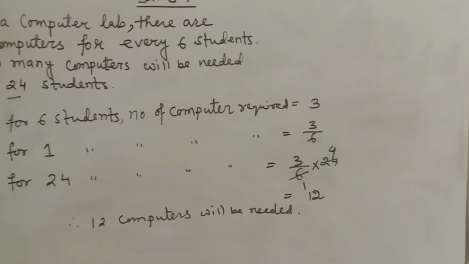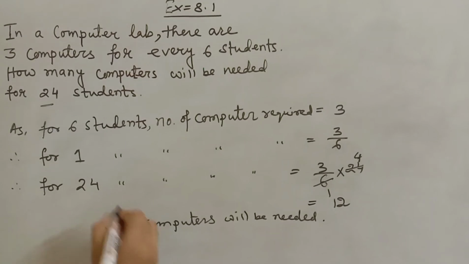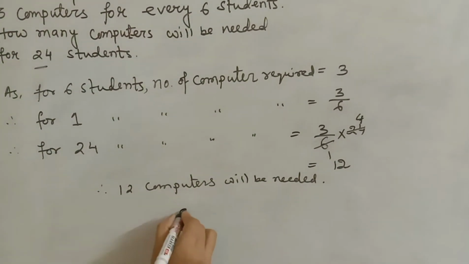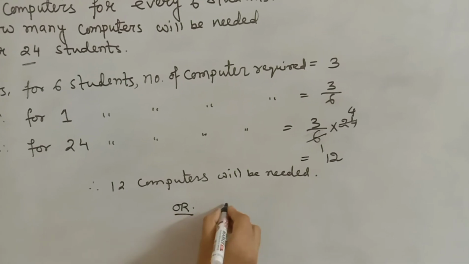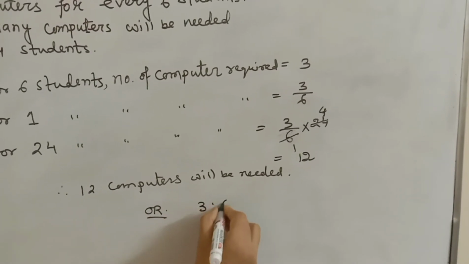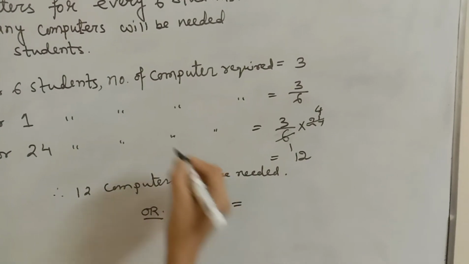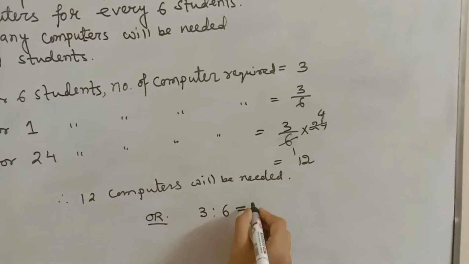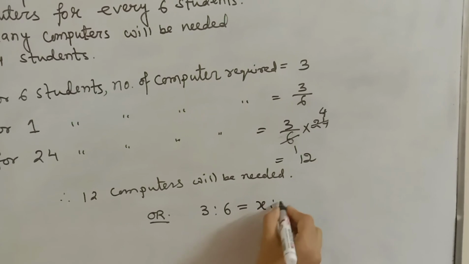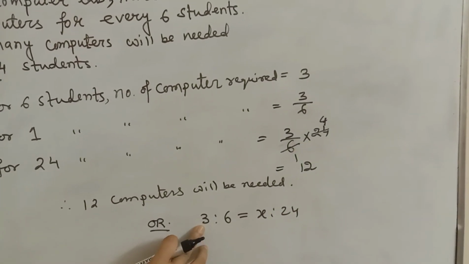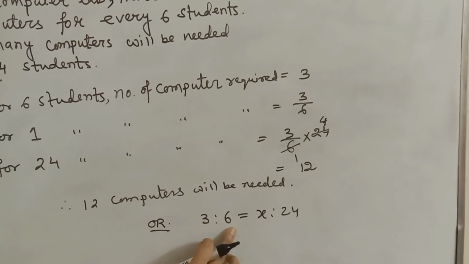Now we can do the sum in the ratio method also. As 3 computers for 6 students will be equal to, let the number of computers be x, for 24 students. Number of computers is to number of students.